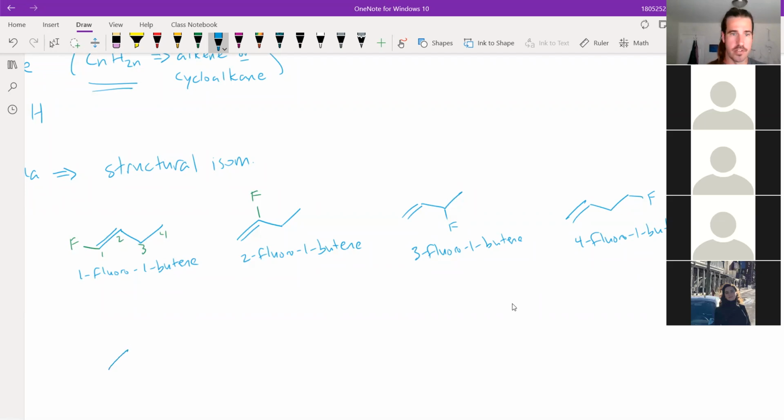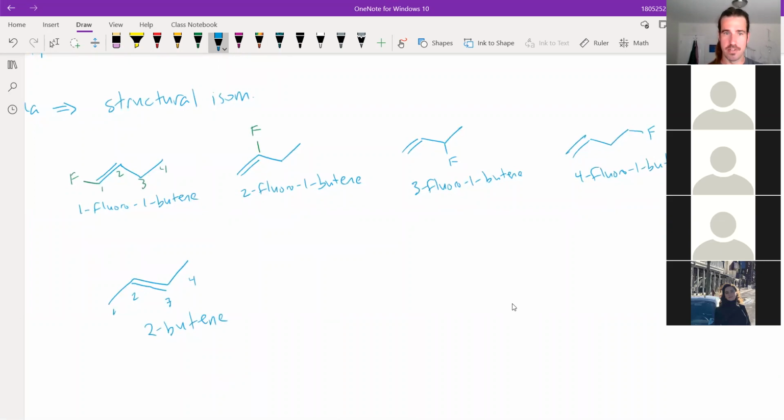Right. So with the alkenes, these problems get pretty gnarly because I can now put the double bond off of the second carbon. So this would now be 2-butene, right? That makes sense?